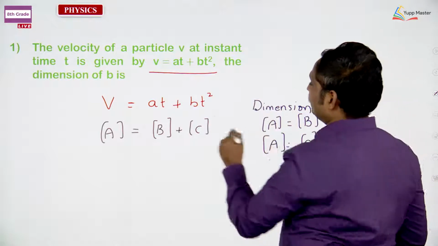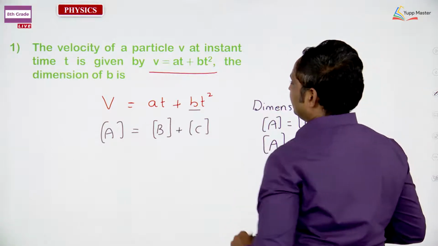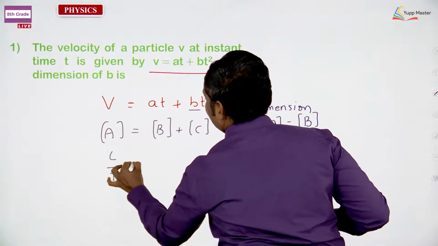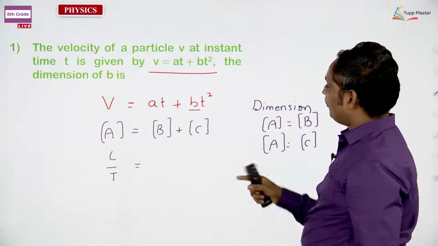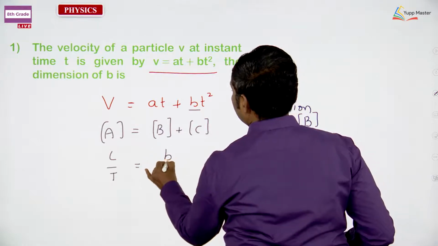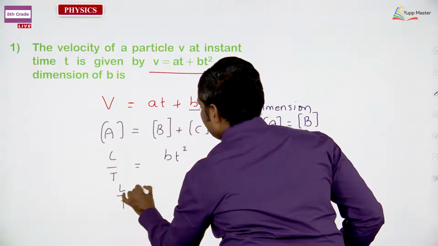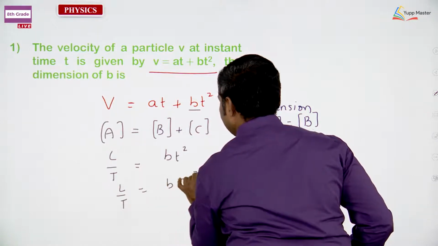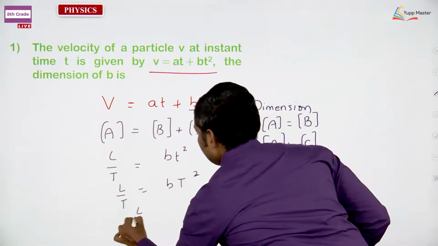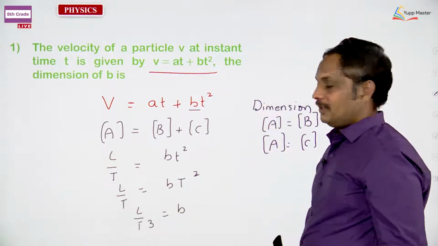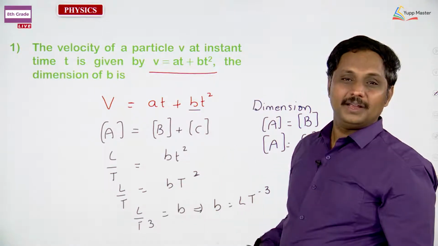Now, we have to find out the constant B. If you want to calculate the dimensions of B, you take L by T is equal to BT square. Dividing by T square, you can easily find that L by T cube is equal to B. That implies B is equal to L T power minus 3.